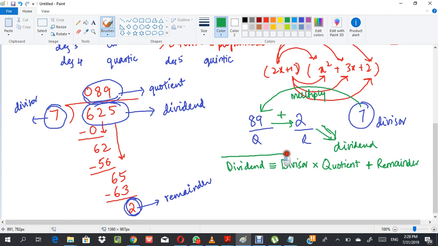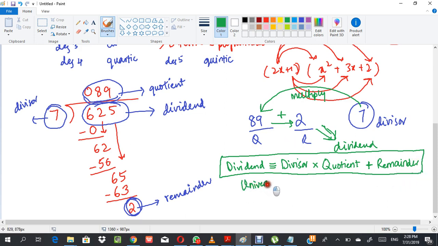So this is the universal division identity.